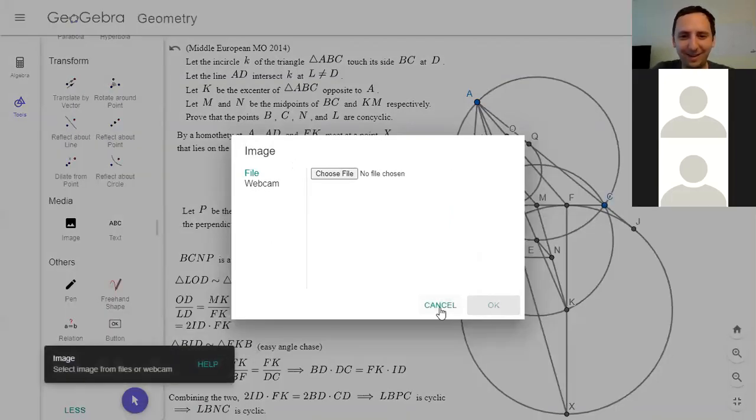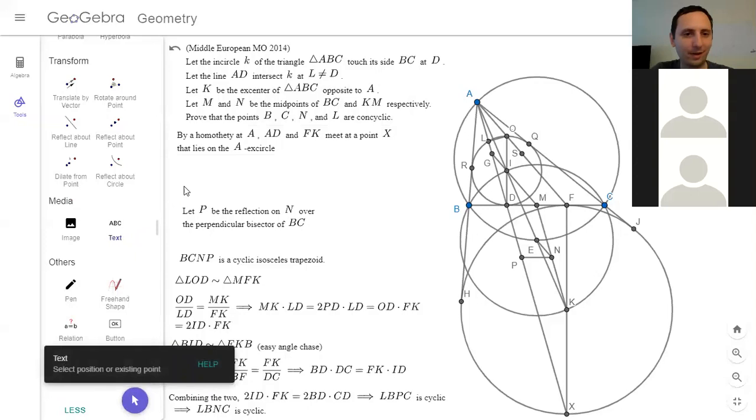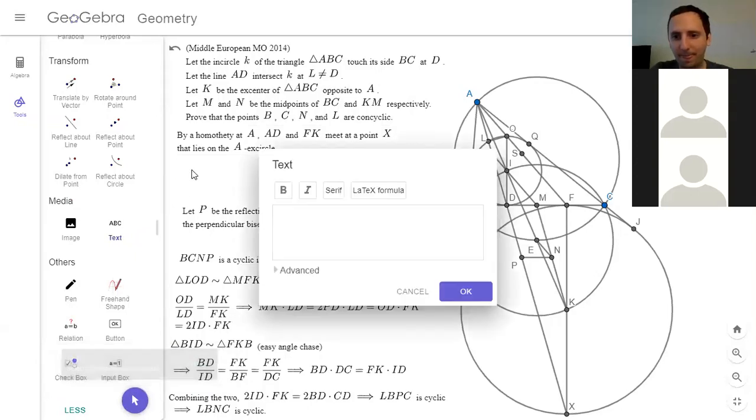All right. So we have about a half hour left here. So K is, I'll just say, FK equals KX and FM equals MD. So that means that KM is parallel to AD.